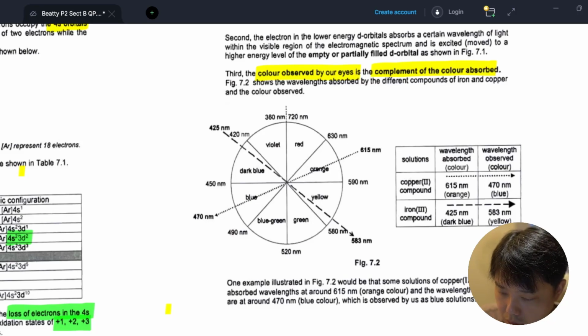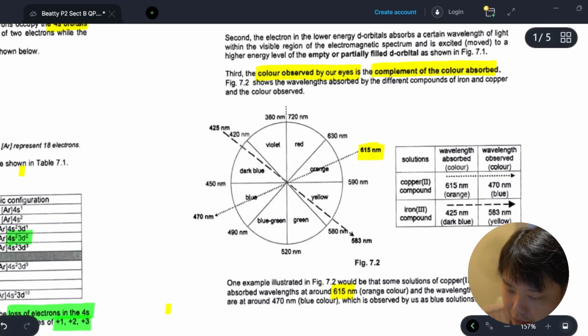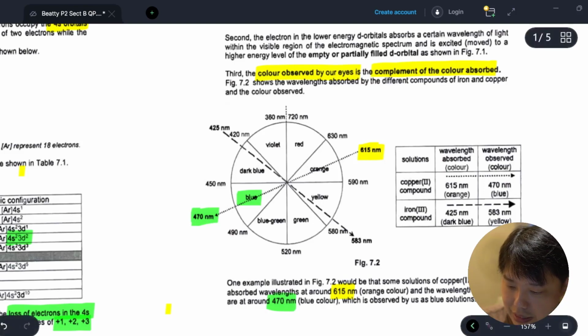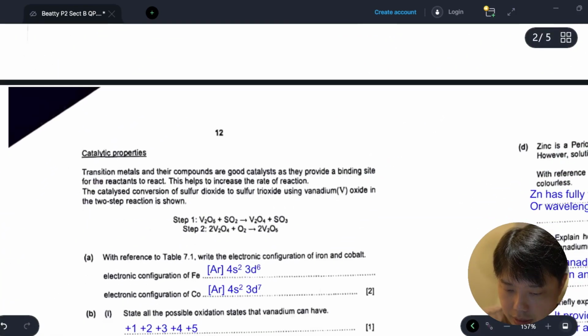Because they absorb a wavelength around 615 nanometers and reflect a wavelength of about 470 nanometers, which is blue, the color observed by us. So that is all for the intro.